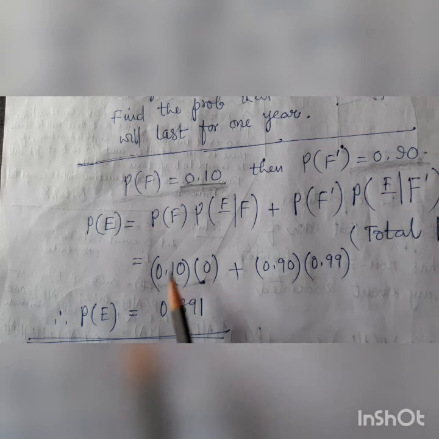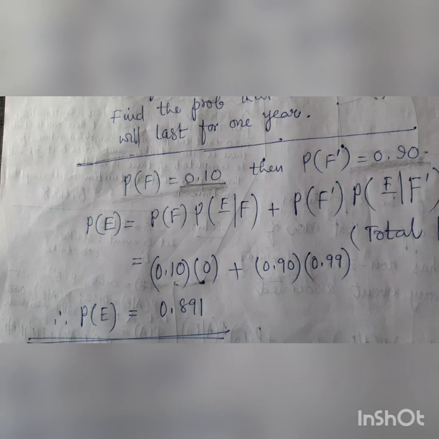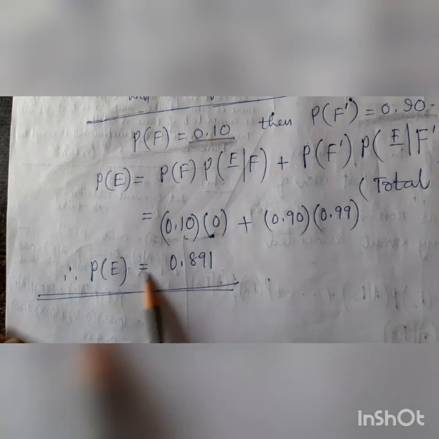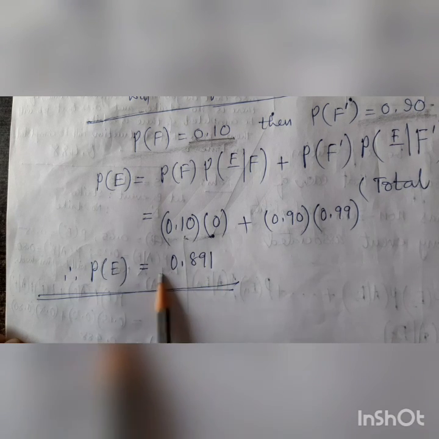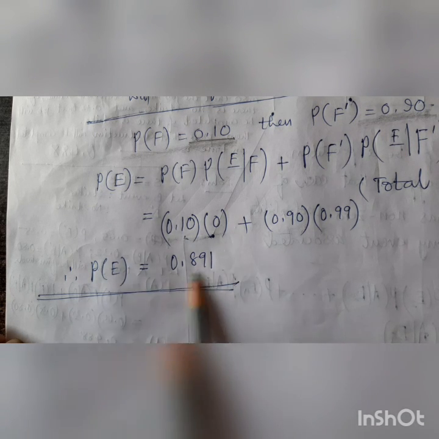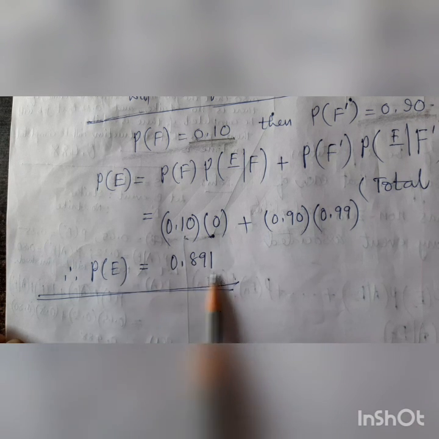Same idea, different question. If you calculate P of E, it equals 0.891. This is the probability that the electronic component will last for 1 year.